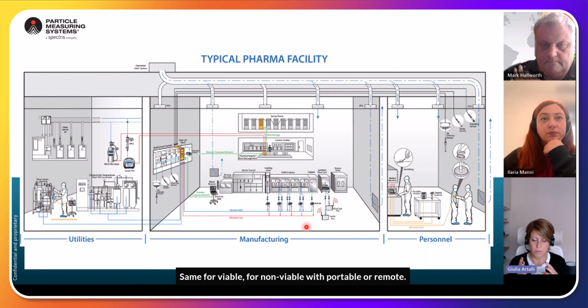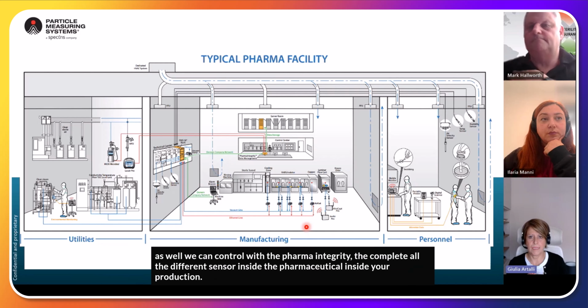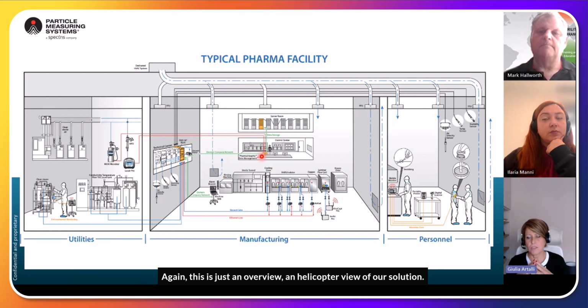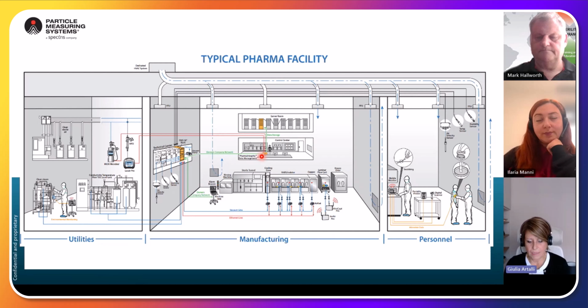Same for viable and non-viable, with portable or remote. As well, with Pharma Integrity we can control all the different sensors inside your pharmaceutical production. Again, this is just an overview, a helicopter view of our solution.